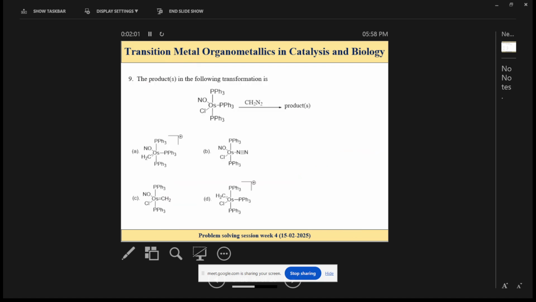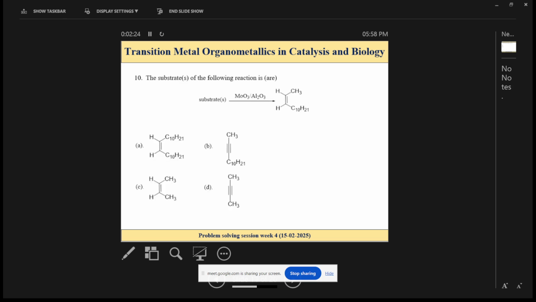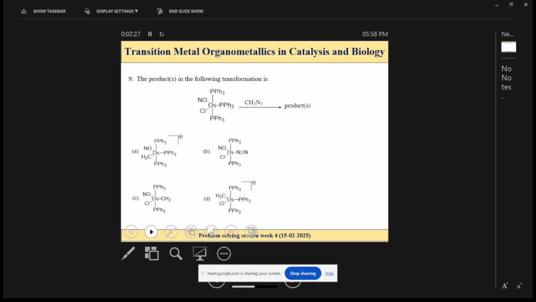The next question is: the product in the following transformation is? What will be the product for this transformation?